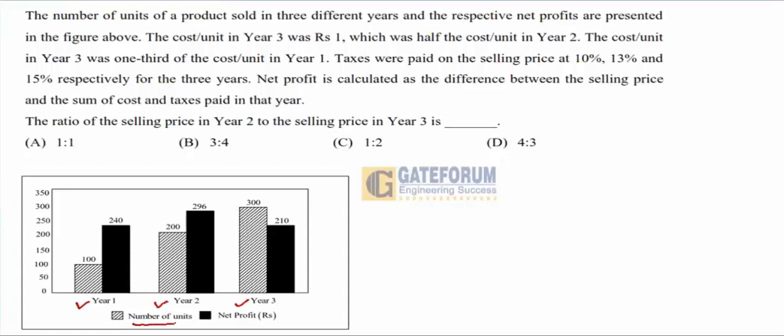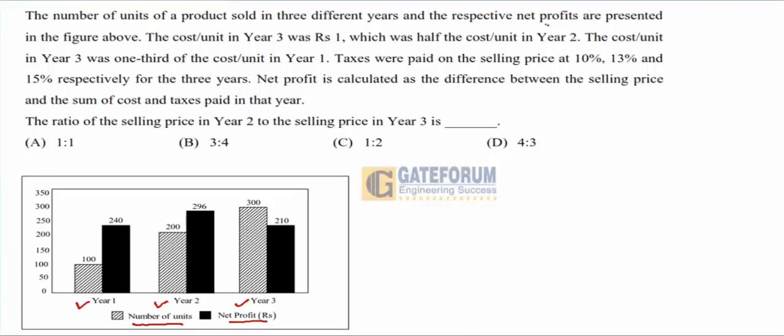So the number of units sold and the net profit is given. Number of units is the striped one, and net profit is the black shaded one. The net profit is given in rupees, whereas this is in the number of units. They have said that the cost in year 3 was Rs1, which was half the cost in year 2.